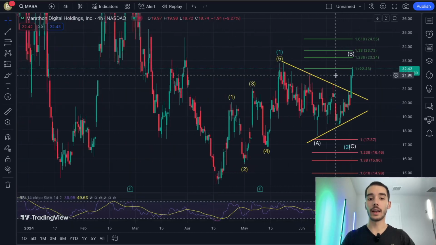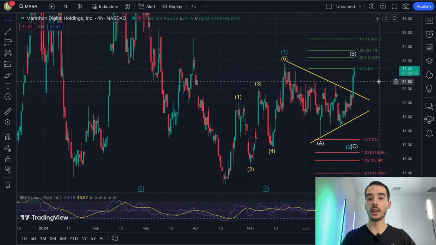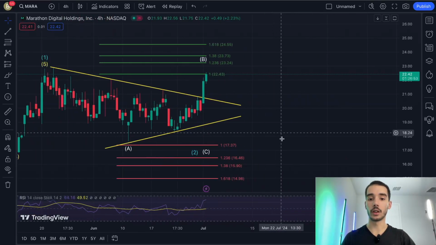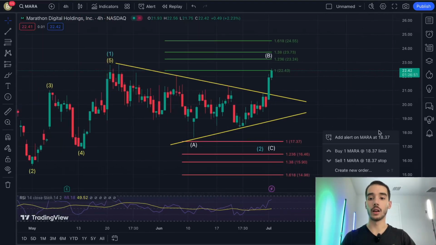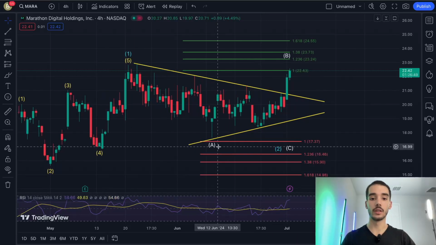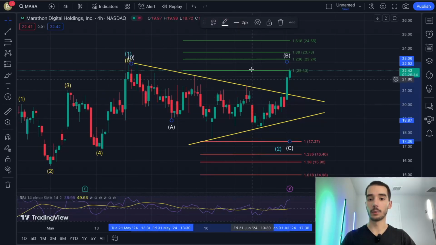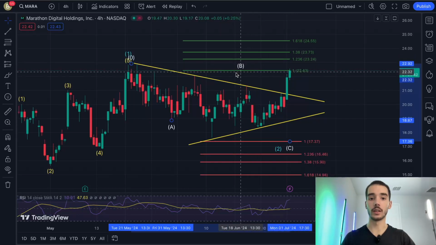So what we're looking at now is that it is very clear to me that we are going to go back to our original case, which is a corrective pattern that actually looks more like this.